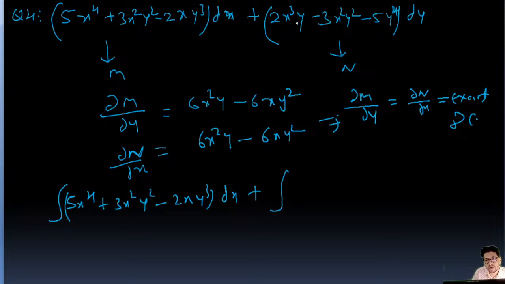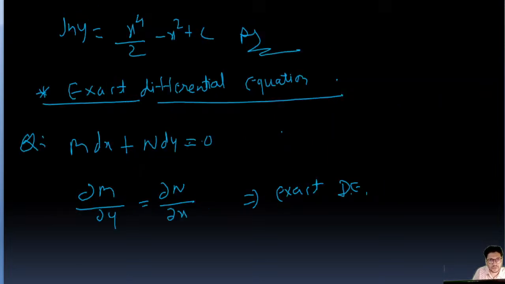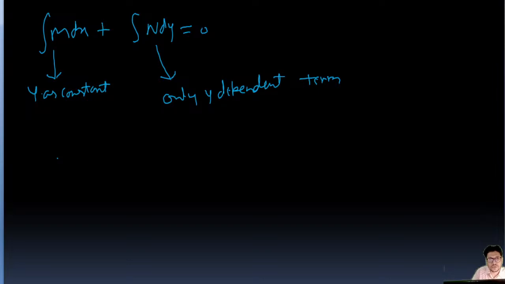The other terms depend on x and y, so only minus 5y^4 dy, plus c equal to 0. We add one constant.